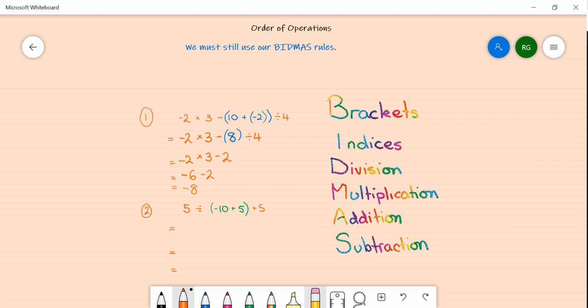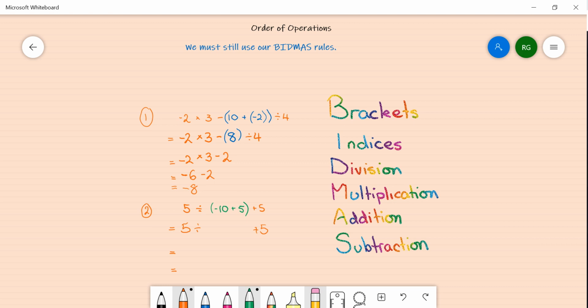Let's look at the next question. If we have 5 divided by brackets, -10 plus 5, close the brackets, plus 5. Again, first thing that we do is the brackets. So let's rewrite the whole question. Inside the brackets, -10 plus 5.